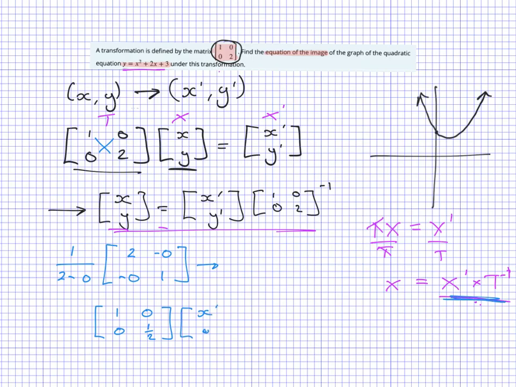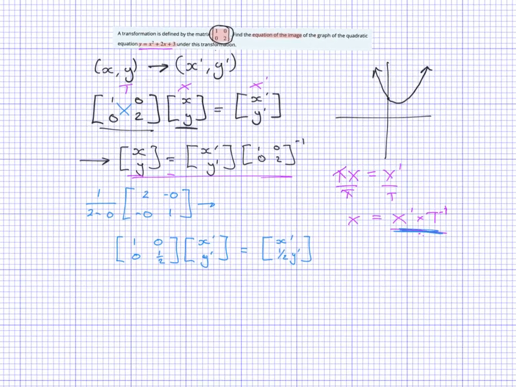So we'll multiply it now by the image, and we get x, and 1/2 y. All right, so now we have the full equation: x, y equals x image, 1/2 y image. So to put that back into terms that we can actually use, it looks like this: y equals 1/2 y image.